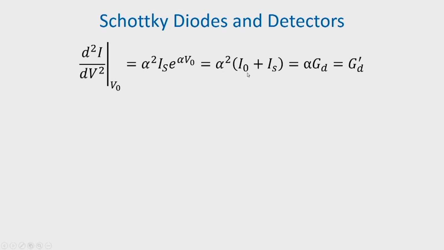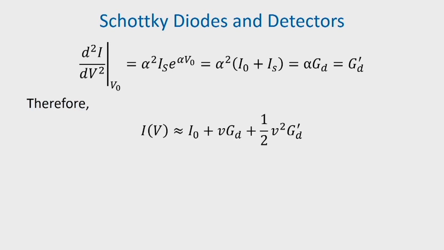So, it becomes alpha square into I naught plus I s, which is alpha into G d, and this is represented as G d dash, and therefore, now we can have the diode current I v approximated as I naught plus v G d plus half v square G d dash.